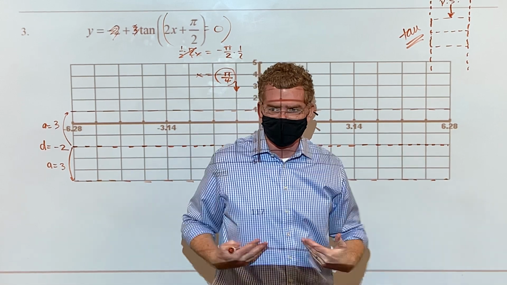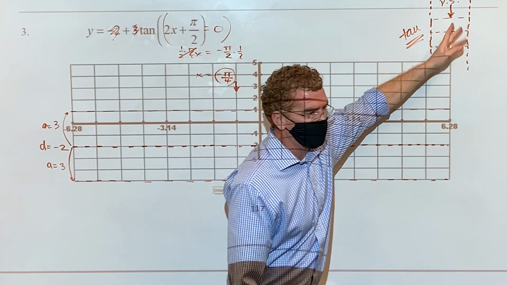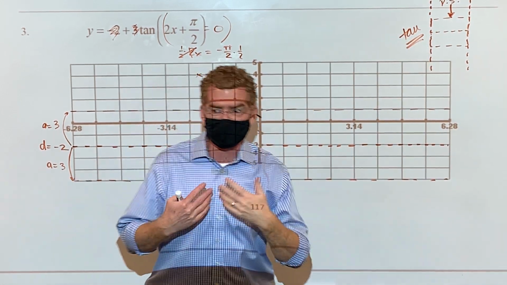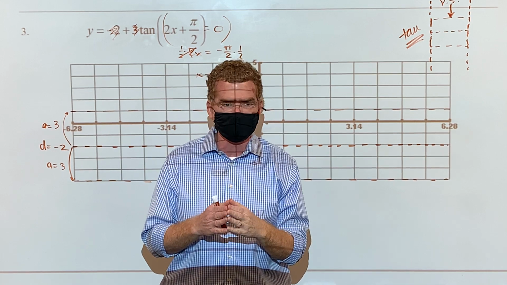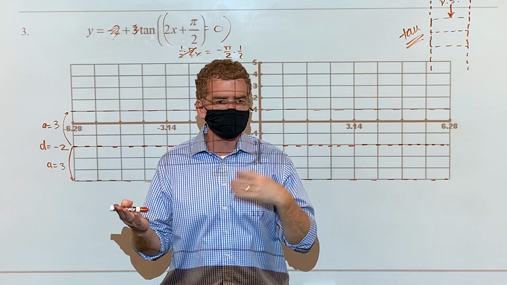Come forth with words. What do I do? If the phase shift is in the middle, and I've already found it, and I'm about to find the period, when I find the length of that period, how do I use it to find the asymptotes? Go half each way.